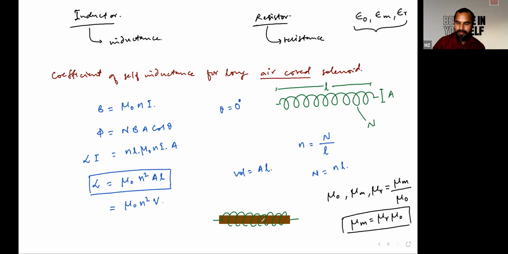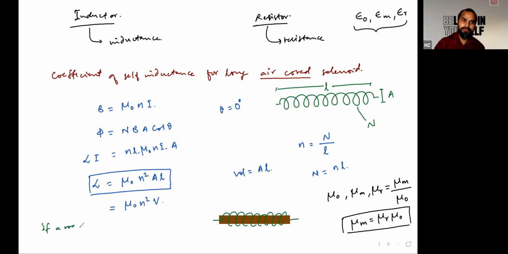Now, the core medium changes from air to some other medium. So where we were writing mu naught here, it now becomes mu m. Okay.